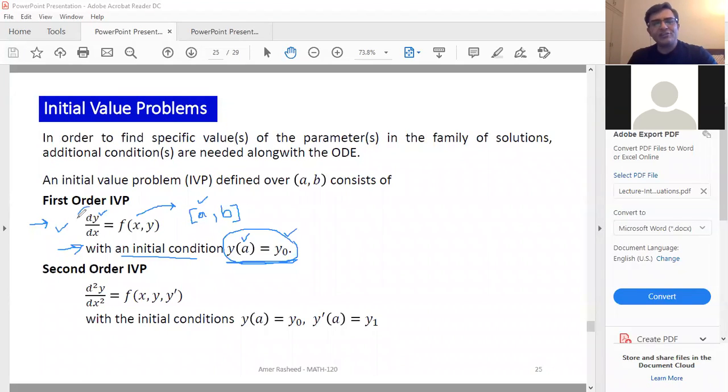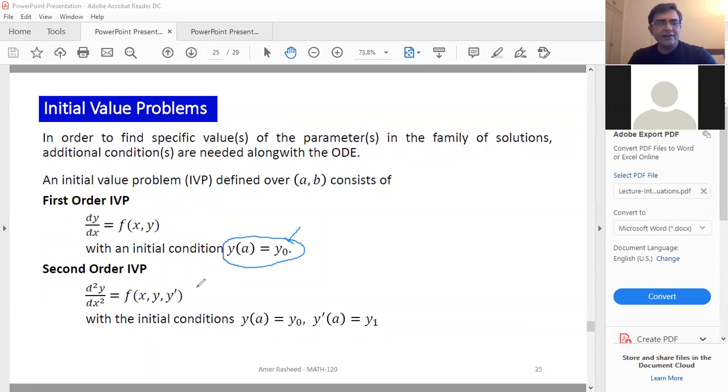If we have a first order differential equation, we have one constant of integration. So we define only one condition along with the differential equation. This condition helps us to find the constant of integration involved in the first order differential equation. Now, if we have a second order differential equation, we must have two constants of integration.